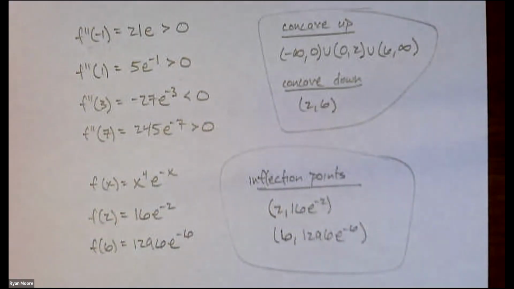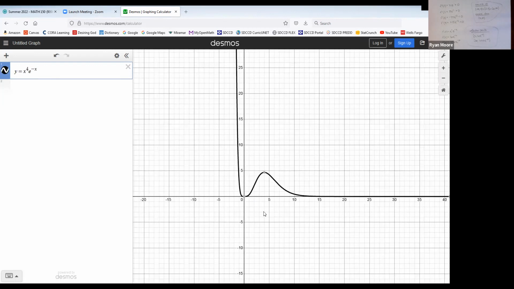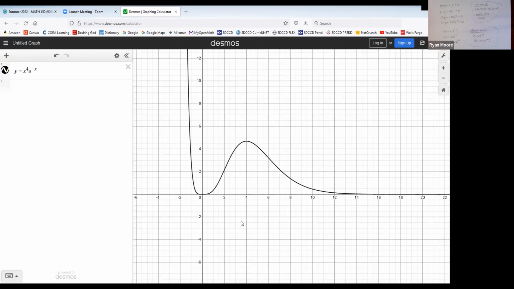Hey, we got to check out the graph in Desmos. Y equals x to the 4th e to the negative x. That's an interesting shape there. Okay, let's think about the concavity first. Oh, you know what? We should plot the inflection points, and then we'll be able to see it.